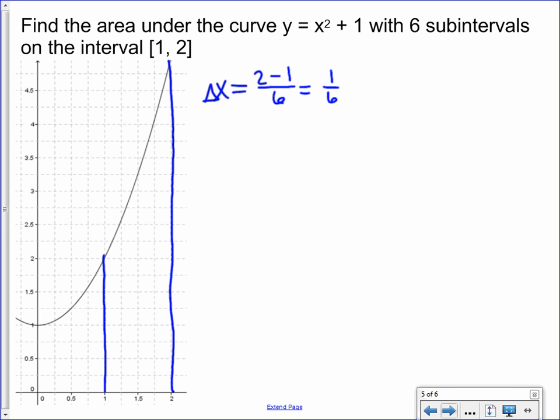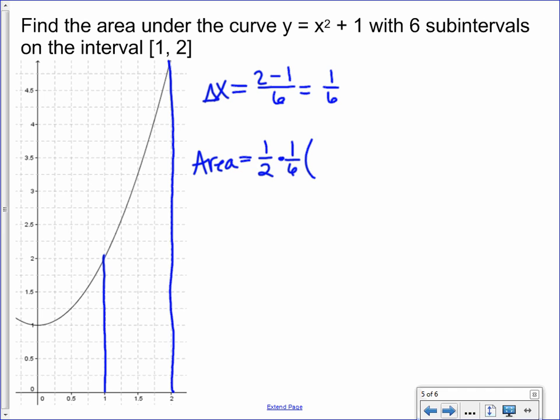So, if we use our shortcut, we know the area of a trapezoid is 1/2 times the height times the sum of our bases. Okay? 1/2 times, what's our height of every, good, 1/6, times, okay, this is what I'm going to do first.